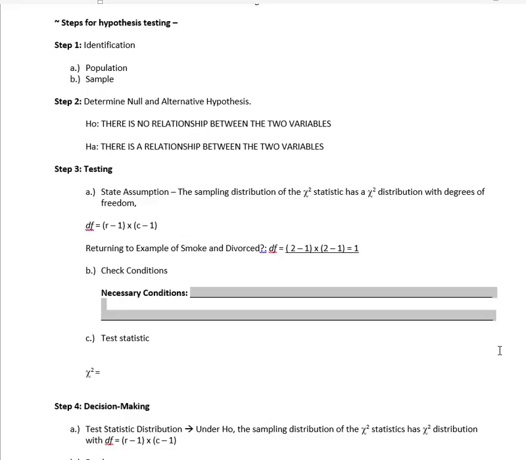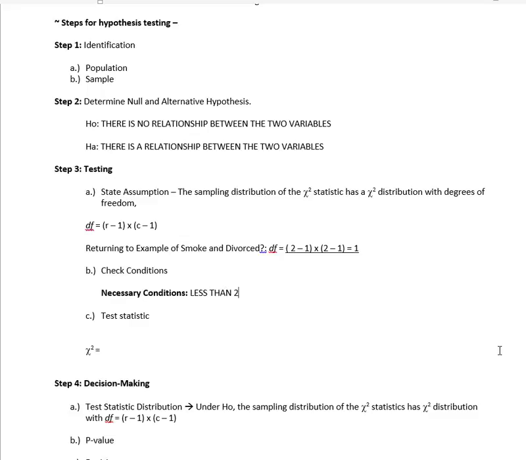So conditions here are based on those expected counts, and there's actually 2 parts to the conditions. First is that you can have less than 20% of cells with an expected count less than 5. So if you have a 2 by 2 table, there would be 4 cells, and so each cell would make up 25%. So in a 2 by 2 table, no cells could have an expected count less than 5.